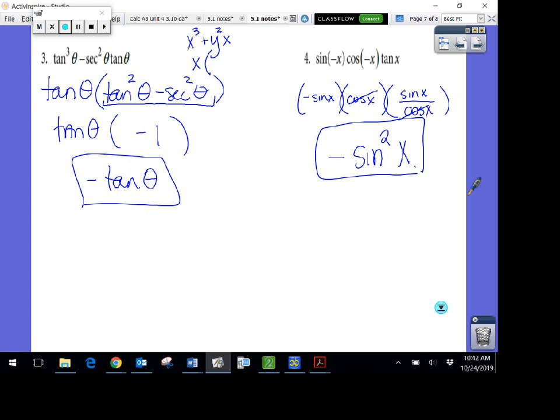Because I have a negative times a positive, so that's a negative. The squared goes with the word, not with the variable, because sine x is what's being squared, not just the x. If it was sine x times x, then the x is being squared. But it's sine x times sine x, so the whole thing is being squared. All right. And that is it.